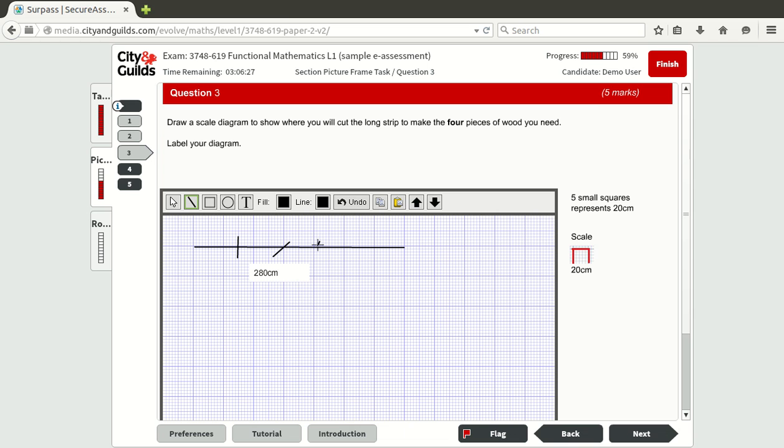So I'm going to cut it right there. And then I'm going to cut another 40 right there. So that's 60. So I can even label up here. I'll call this 60 centimeters.